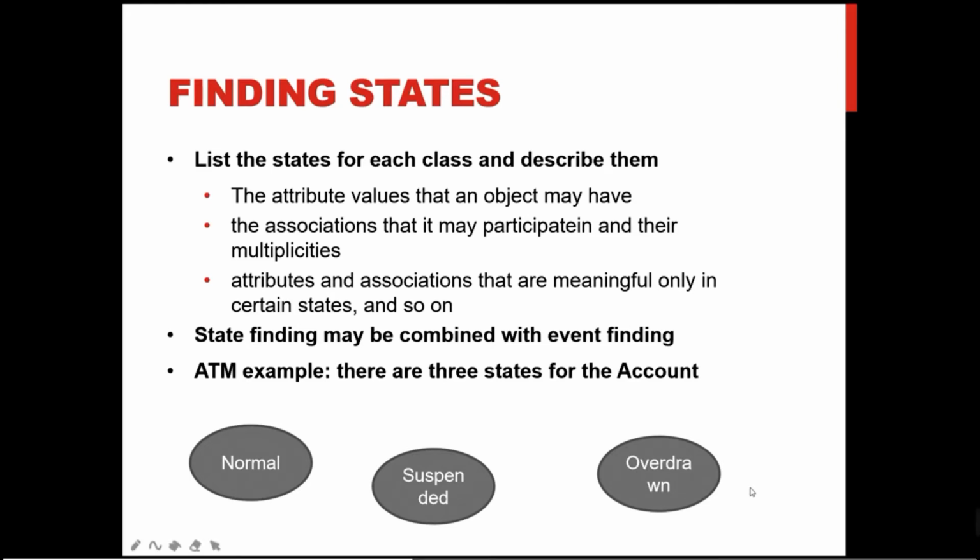It means that the suspended state is associated with some different associations. For example, suspended may be associated with a customer and with a bank to determine whether to suspend. So it means that when you try to find states, you should check the attribute values and different associations.